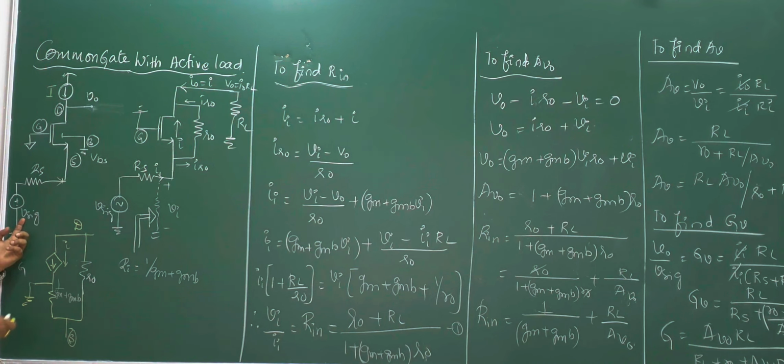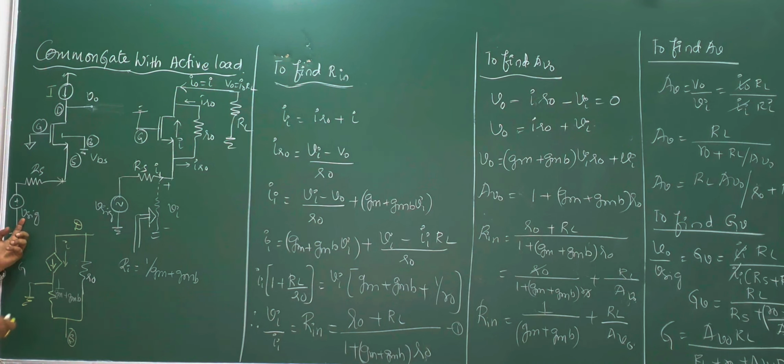Let me consider the circuit diagram over here: V out minus I into R0, minus Vi. Don't get confused: I subscript R0 is a different parameter. I is a current, R0 is a resistance. This equation is obtained when you apply KVL to this outer loop, involving Vi, I into R0 and V0.